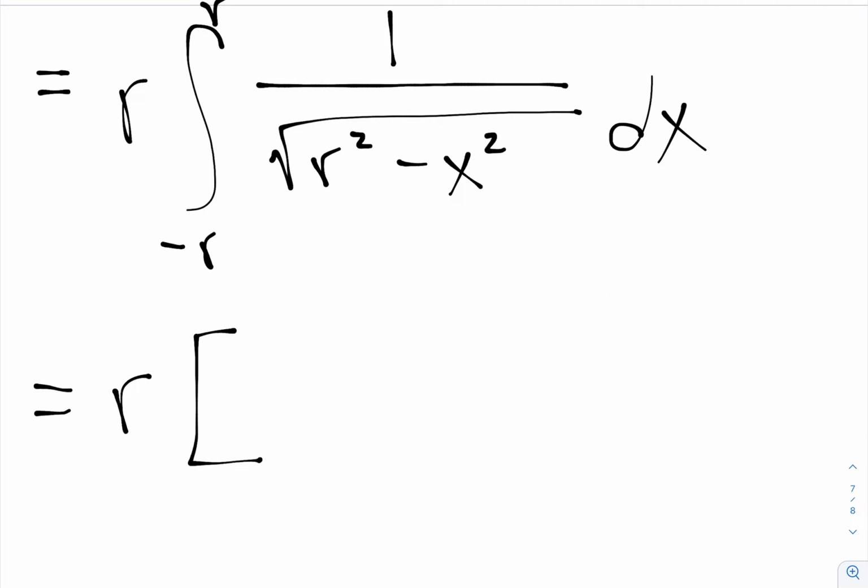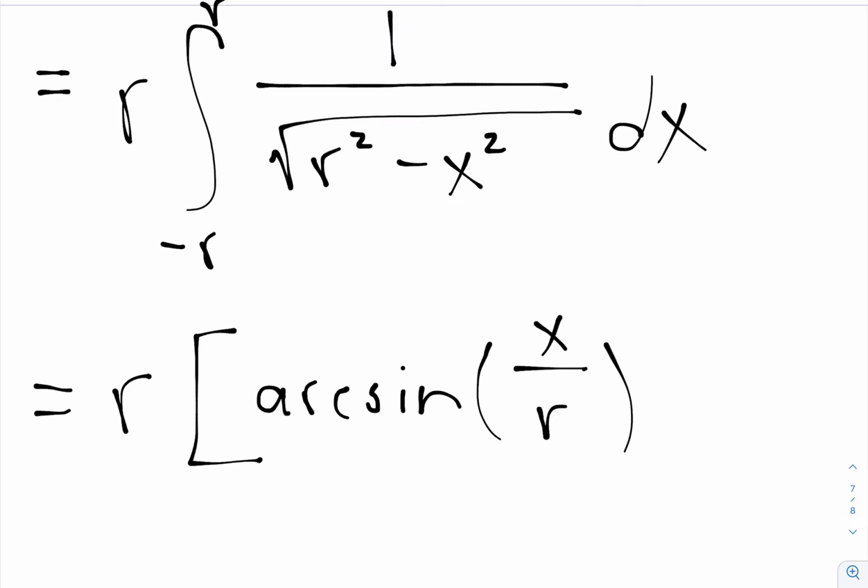So the integral of 1 over the square root of a constant squared minus x squared dx, that's going to be arc sine, or the inverse sine. Not sure what notation you're familiar with, but of our variable x divided by whatever that constant is. So our constant in this case is r. We're keeping it general. So it's going to be arc sine of x over r, okay, evaluated from negative r to r.